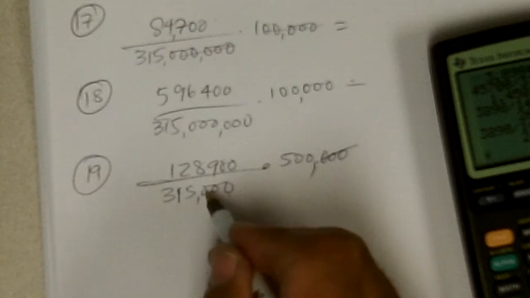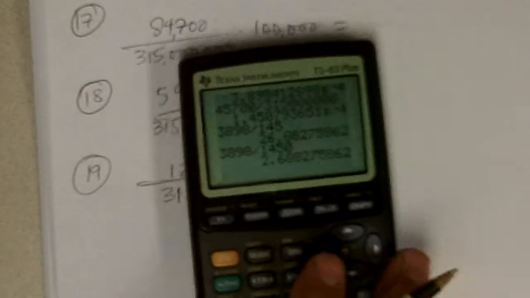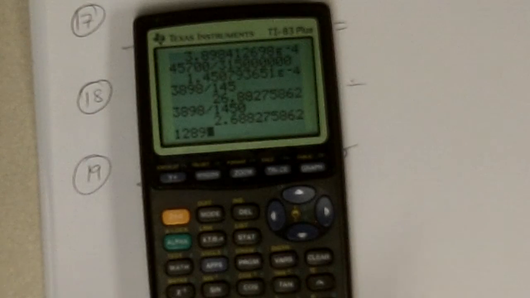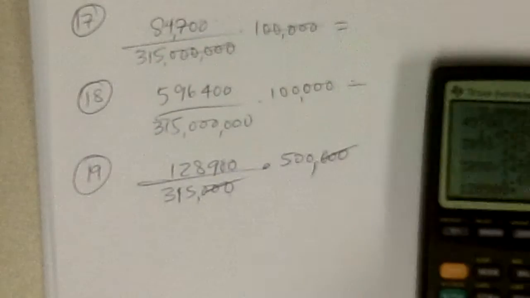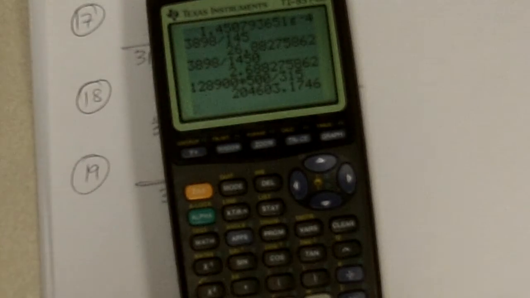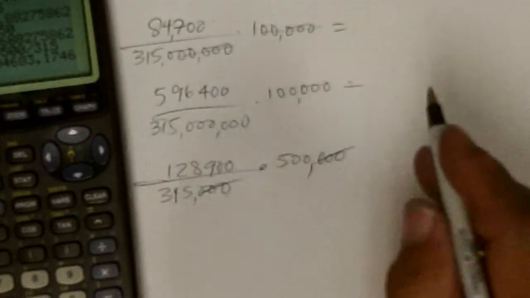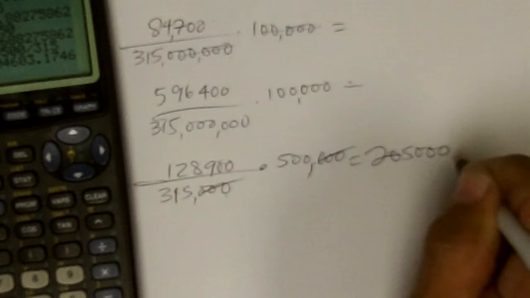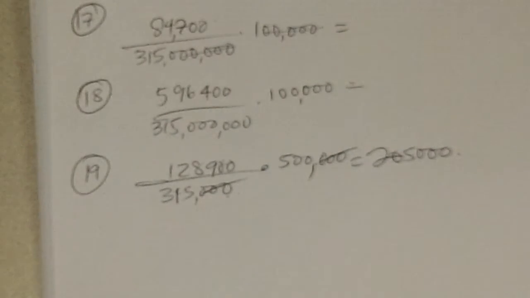I can cancel these sets of zeros, and so I'm going to have 128,900 times 500 divided by 315, and we get 204, rounded 205.